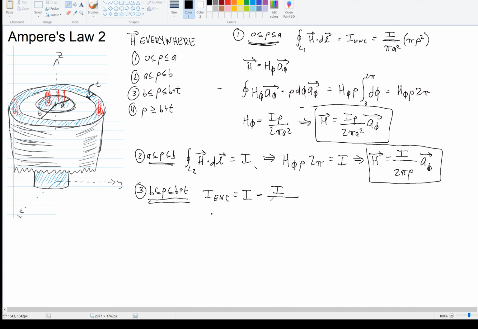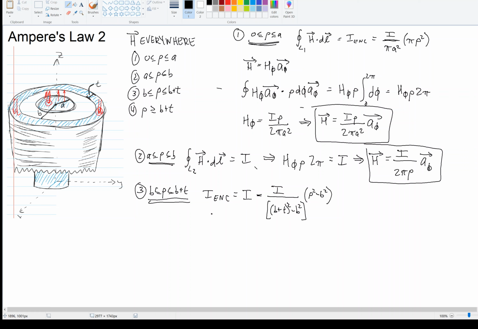So the total distribution in that shell in the outermost conductor is I over (b plus t) squared minus b squared, and there's a pi there also, but I'm not going to draw the pi because that's going to cancel with this fraction here.